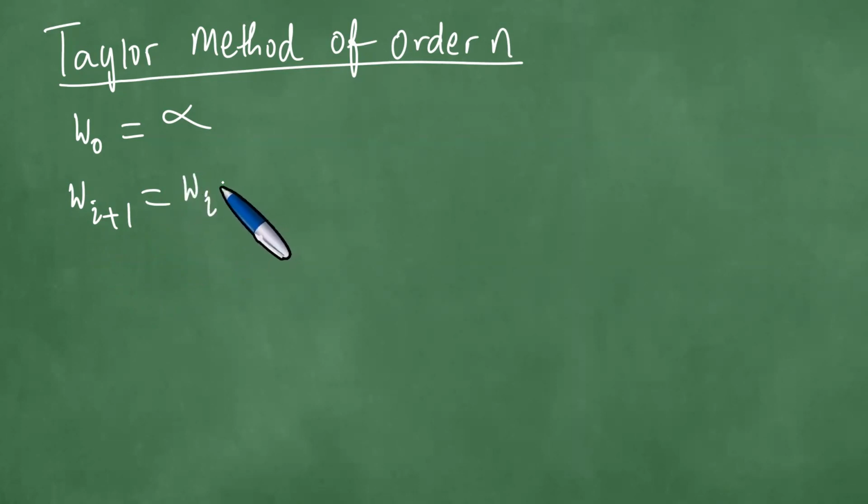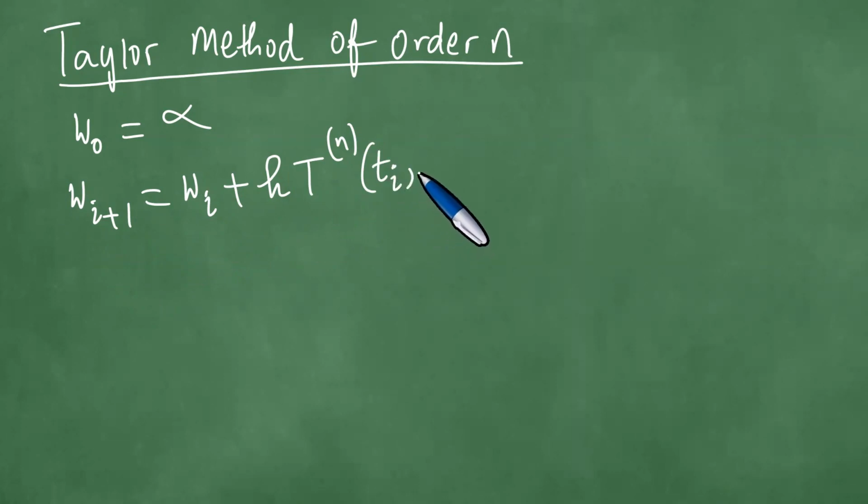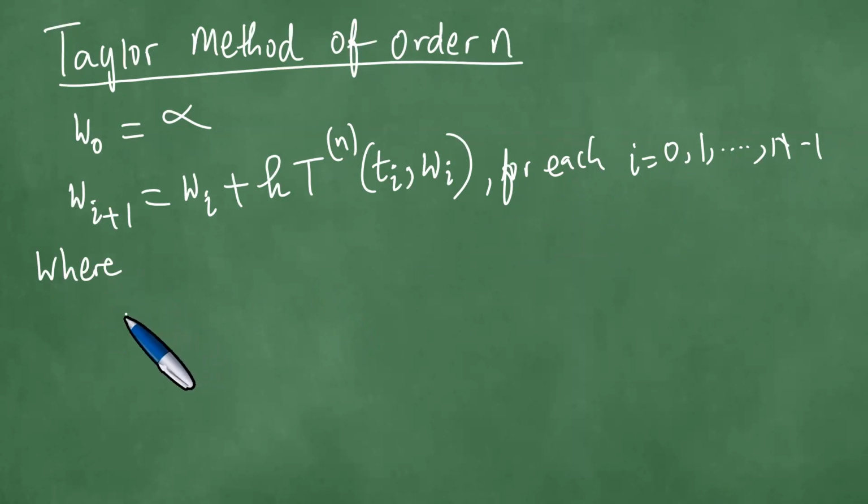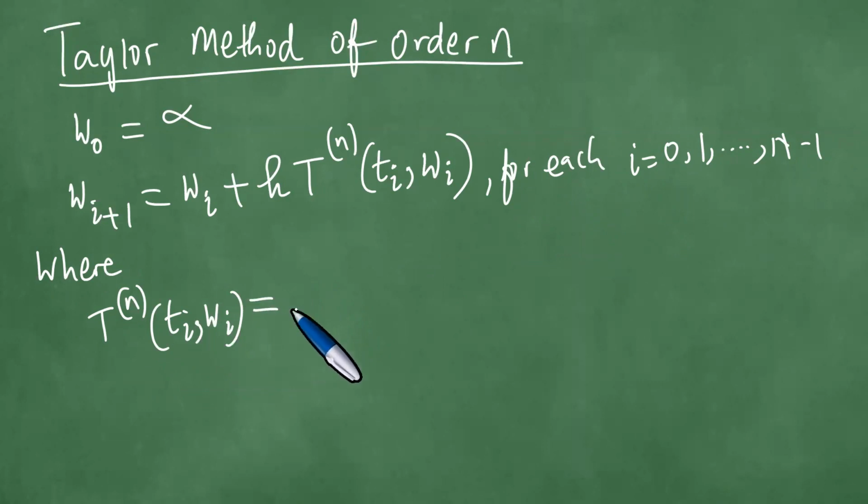So W(i+1) is Wi plus h times T of Ti, Wi, which is f of Ti, Wi, plus h over 2 times f' of Ti, Wi, plus and so on, plus h to the power n minus 1 divided by n factorial times f to the power n minus 1 of Ti, Wi. This is true for each i equals 0, 1, up to n minus 1. In the example they say use Taylor to estimate like we used Euler.